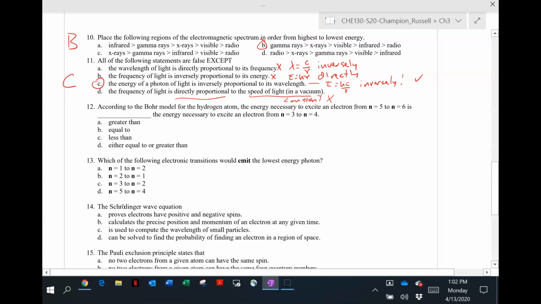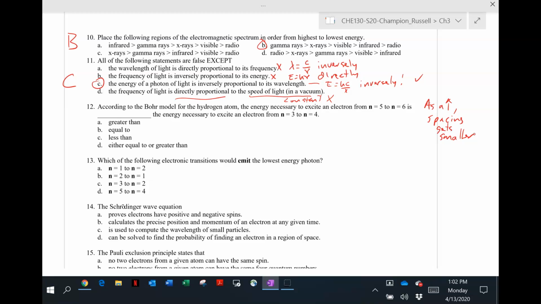So there you can look at this kind of visually, or you can look at it quantitatively. What happens as the energy levels go up? As n goes up, the spacing gets smaller. So the energy that would be necessary to go from 5 to 6 should be less than.